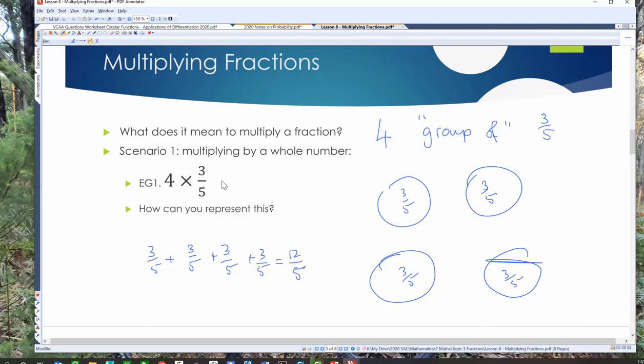The way we're going to note this is 4 over 1 multiplied by 3 over 5. Notice that when we multiply by 4, we're multiplying the number of parts by 4. So 4 lots of 3 is 12, but what the parts are divided into stays as 1 times 5, which is 5. So 4 groups of 3/5, or 4 times 3/5, is 12/5.